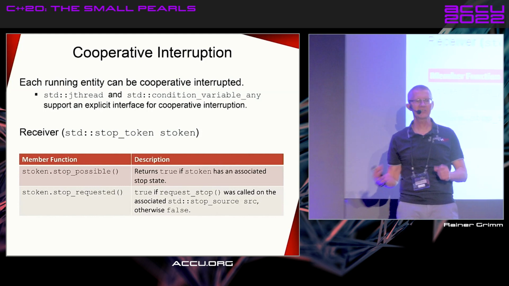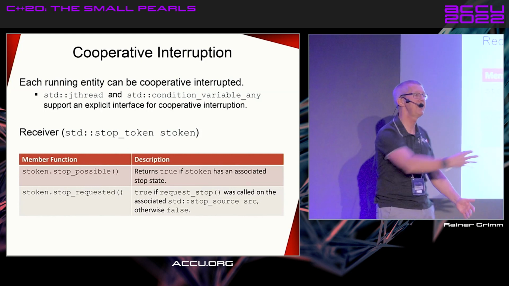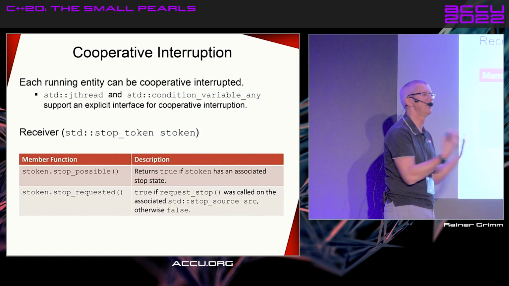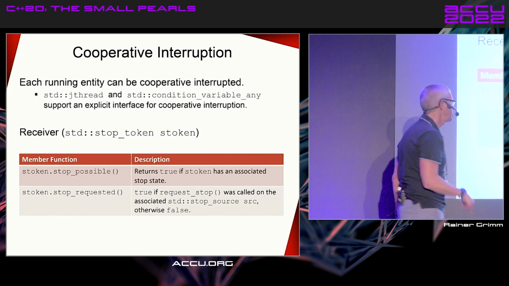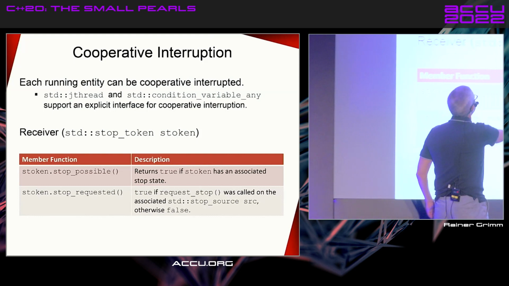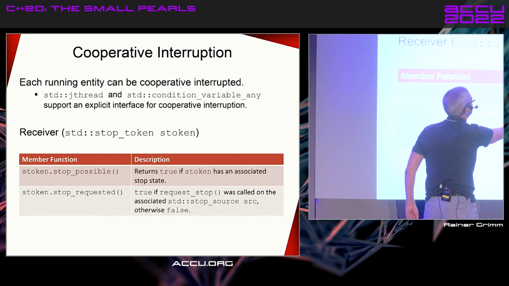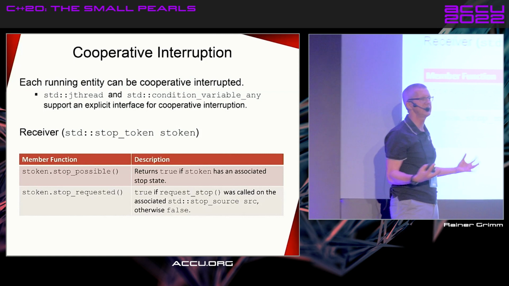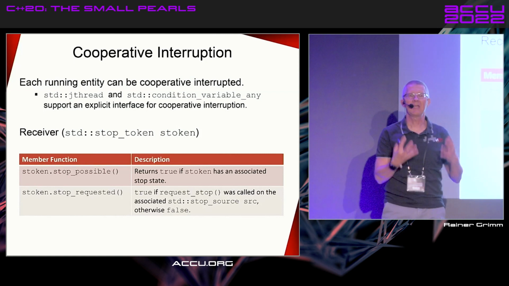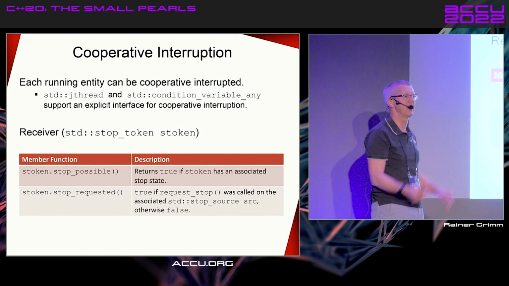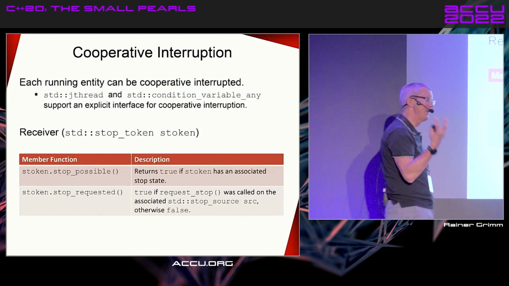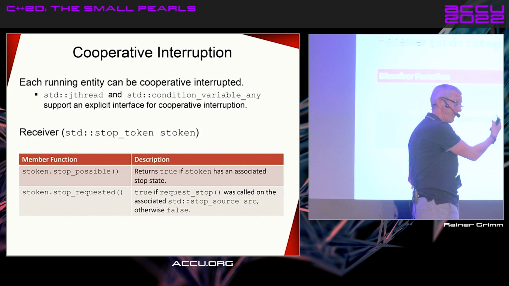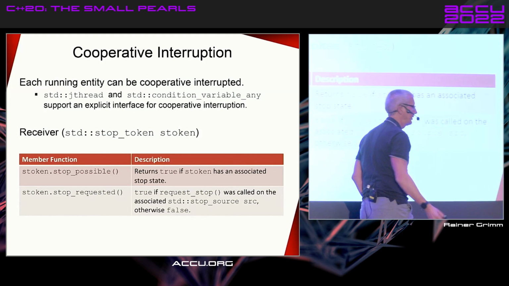Meaning a stop source can send a notification, please stop, and the stop token can read this notification and can react to it. This functionality is built into jthread and condition_variable_any. But you can use it for any execution context or anything which runs. Once more, I first thought it only works for jthread and condition_variable_any, but you can use it for any stuff.